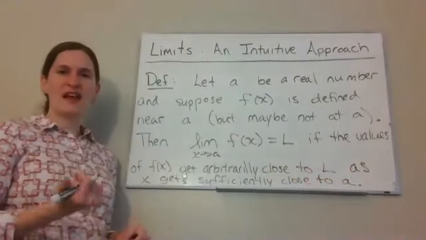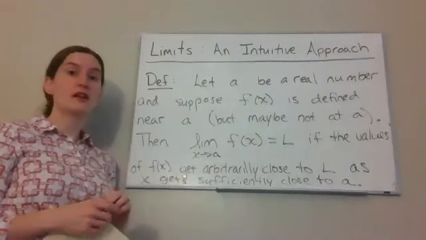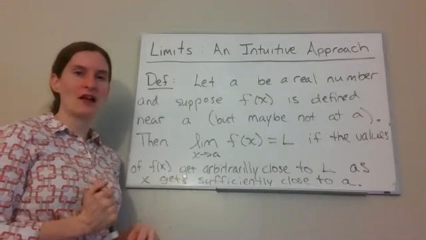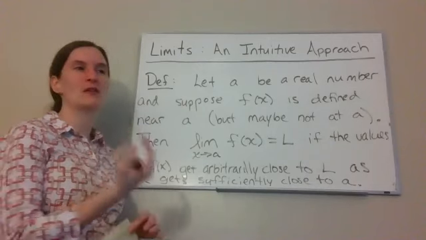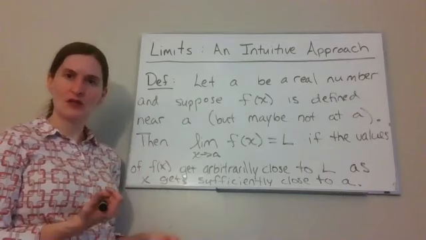So what this is saying is that a limit is the behavior of a function near a particular value, but it might not actually be the function value evaluated at A. It's just what the function appears to act like near A. It makes more sense when you see a picture of what's going on.